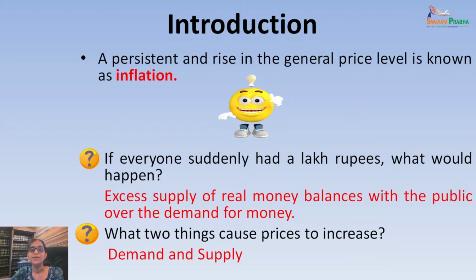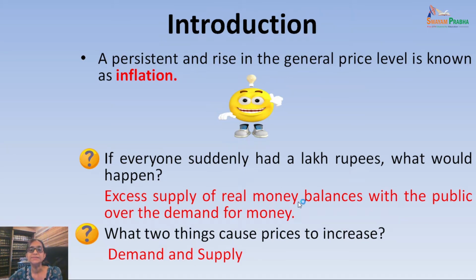So essentially, when we are trying to understand what causes inflation, if we go by the monetarist view, it is the excess money supply which leads to inflation. How does it lead to inflation? Excess money supply leads to excess supply of real money balances with the people.